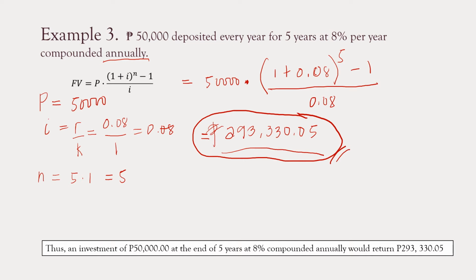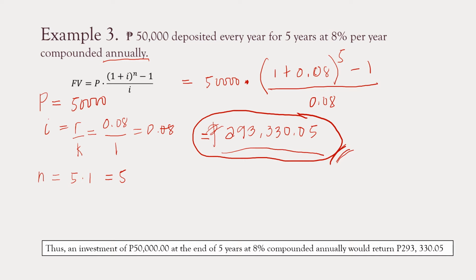Given kung ano yung gagamitin mo, kung gagamit ka ng table, i-accept natin yung answer mo kasi talagang kailangan mag-round off doon. Pag gumamit ka ng ganitong klaseng solution na nag-formula ka, tapos gumamit ka sa calculator na hindi tayo nagra-round off, we will accept still your answer na like this. Hindi naman masyadong malayo yung 0.6 difference.